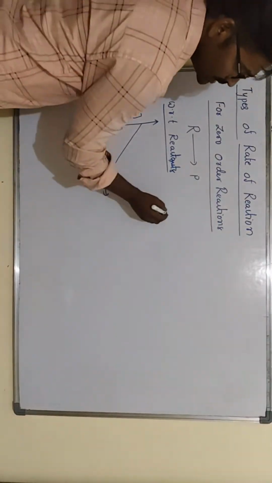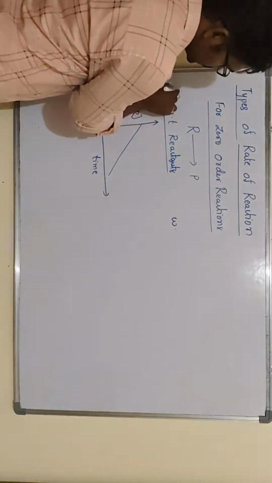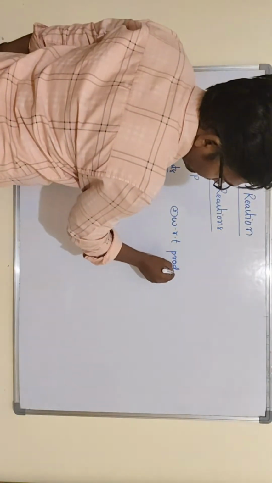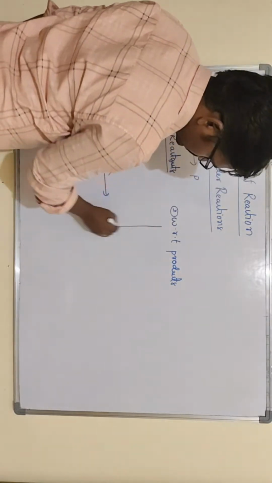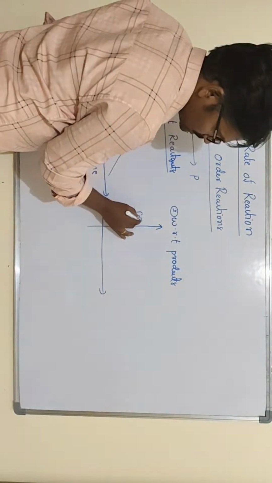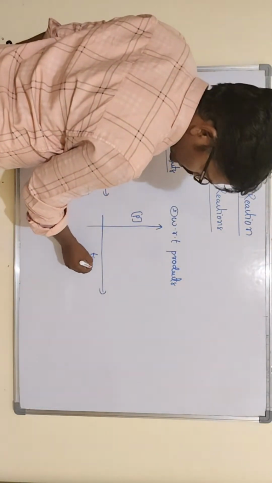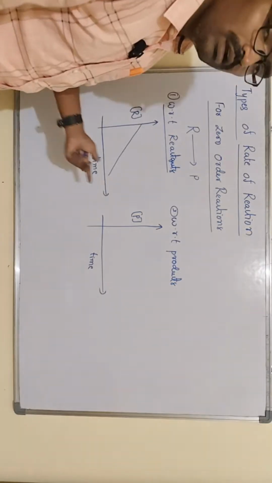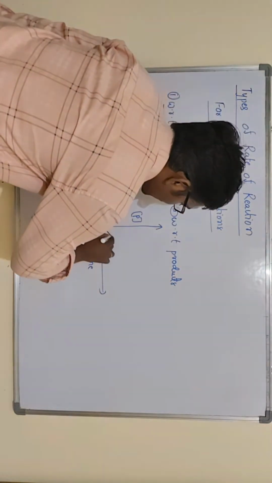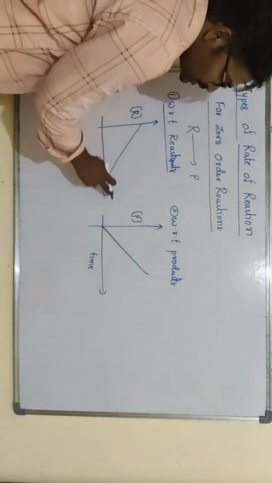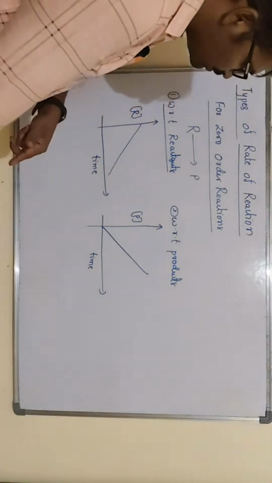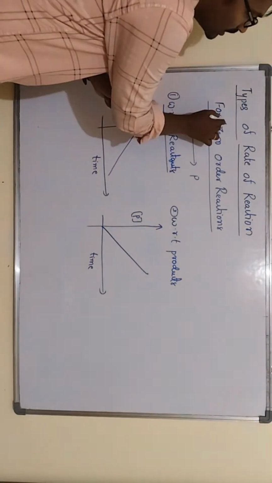Then with respect to products, the graph is concentration of product versus time. Product concentration should increase, right? So that is also in a linear manner. So for the zero order reactions, you get a graph that is a straight line.